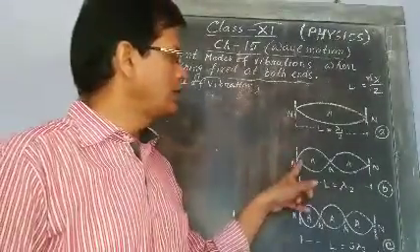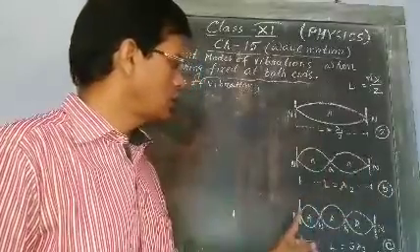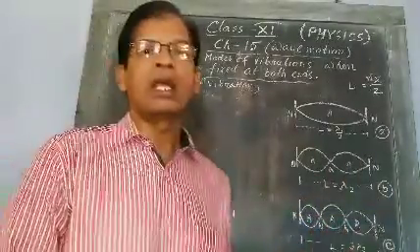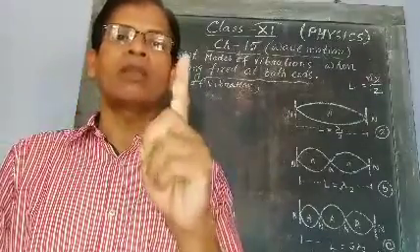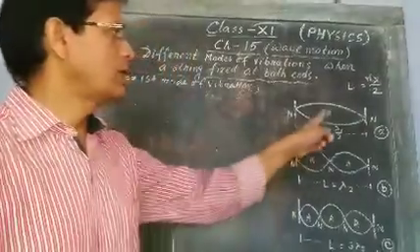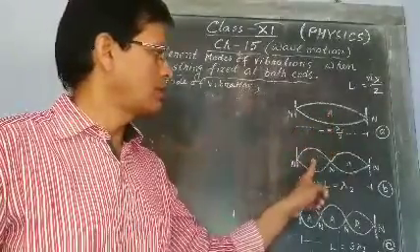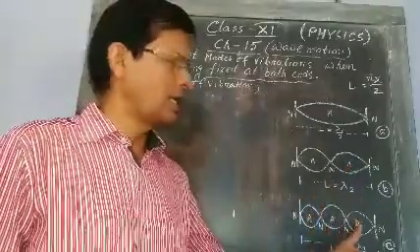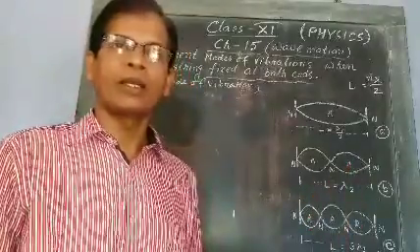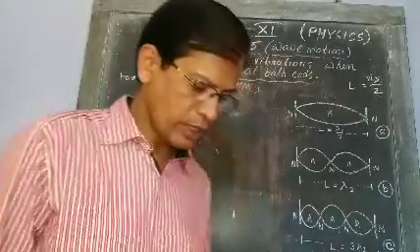And in this case, node, node, node. In this case, node, node, node, node. And another term is antinode. Antinode means maximum amplitude. The string has maximum amplitude, that means antinode, antinode, antinode, antinode. Clear?